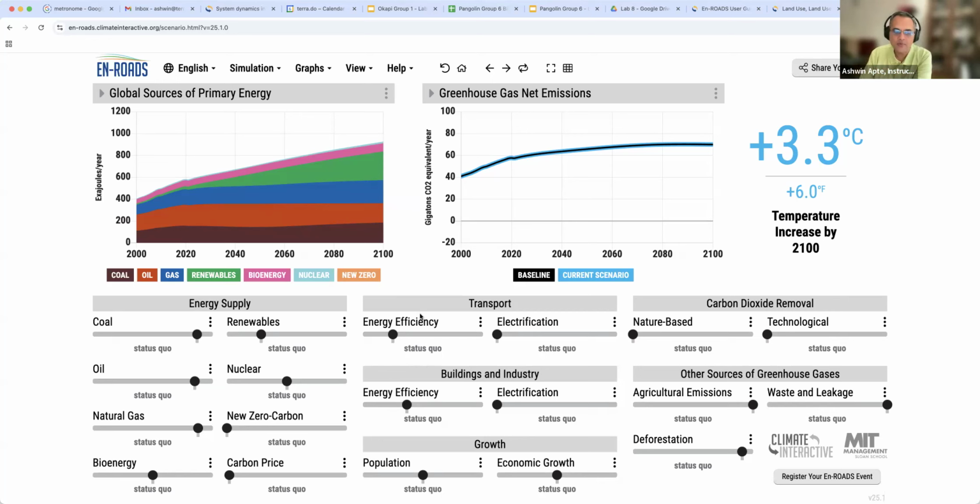So even though the simulator does not impose that constraint on us, I am proposing that we impose that constraint on ourselves, right? So when you go into breakouts, you're going to try to bring this temperature down to below 2 and ideally to below 1.5. I would say don't use more than, say, maybe 6 levers, right?